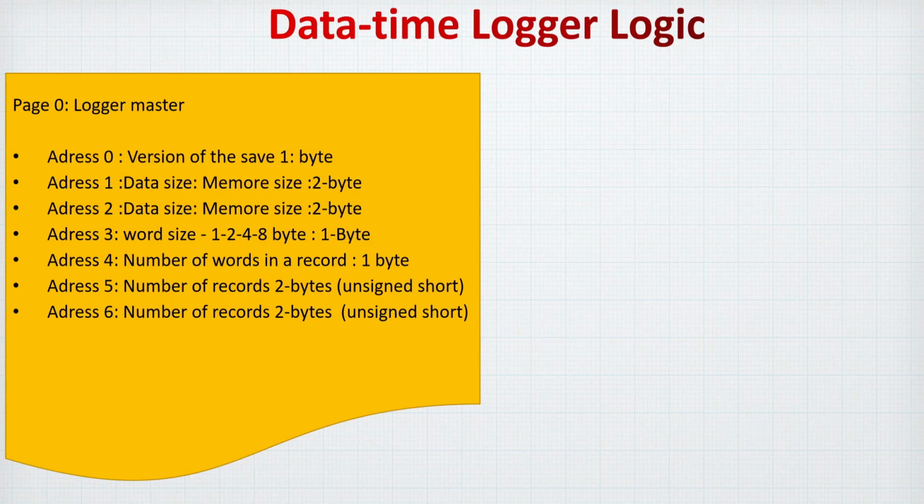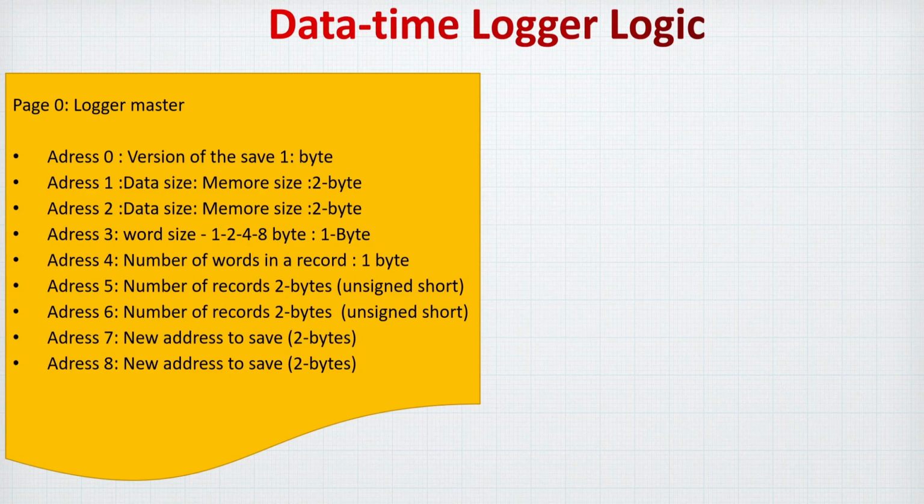After that, we are going to check how many records we have, and this is an unsigned short. It can be a number over 256, so we will need two chars or 16 bits to save this data. After that, we will need 2 other bytes to store the last address that we will need for saving.